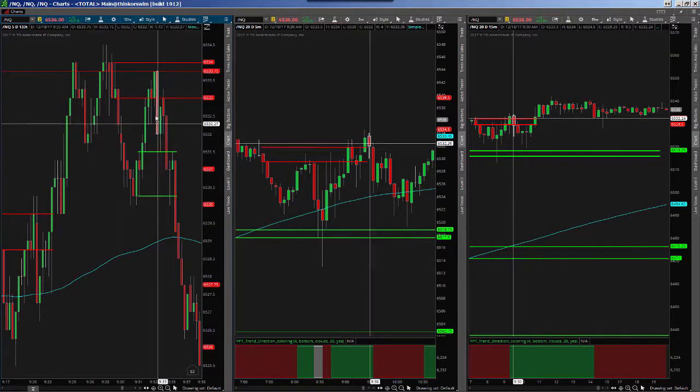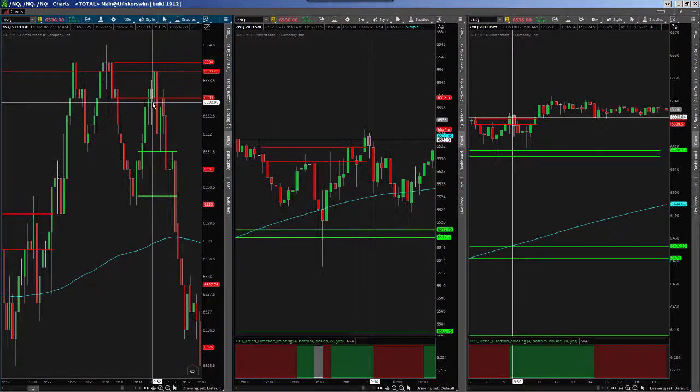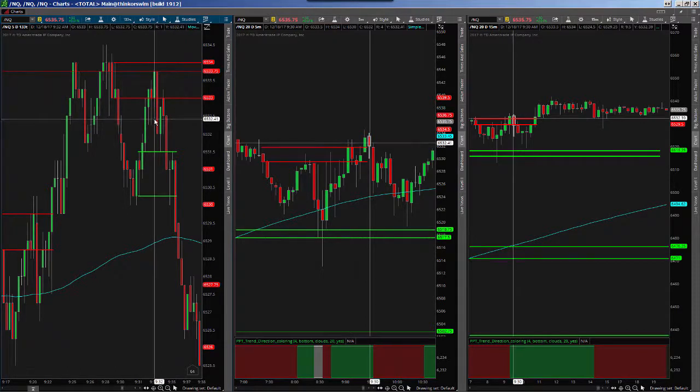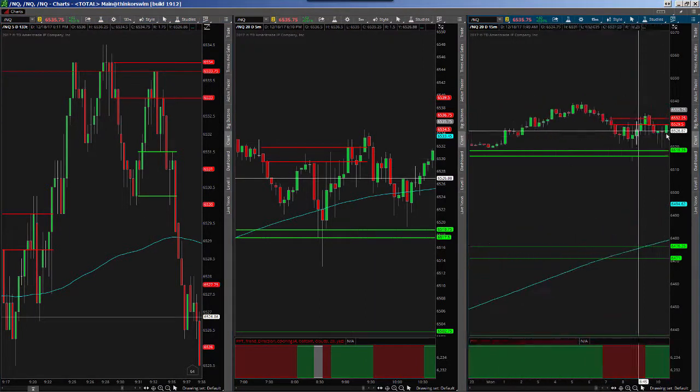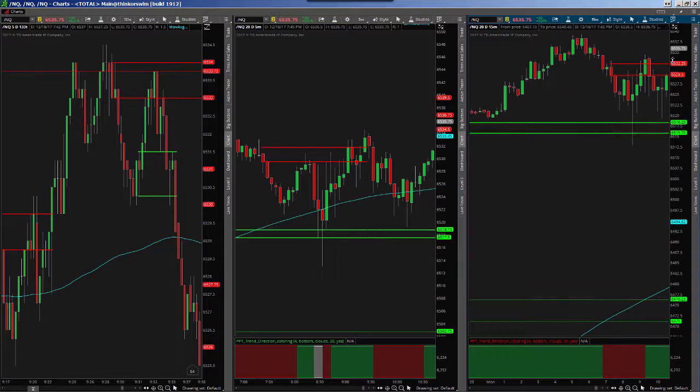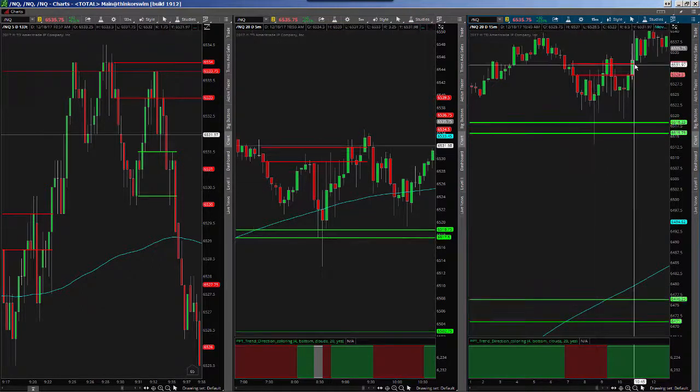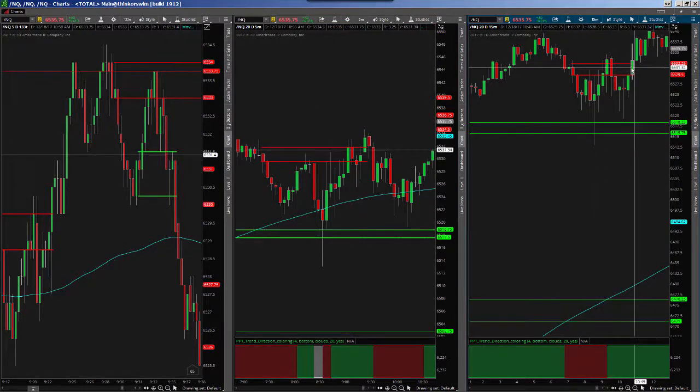Okay, now I have, let's see what I have, a zone inside the zone again. Yes, so 32.50 is the top of my 15-minute zone. Let me just verify that. I got 32.25 actually.